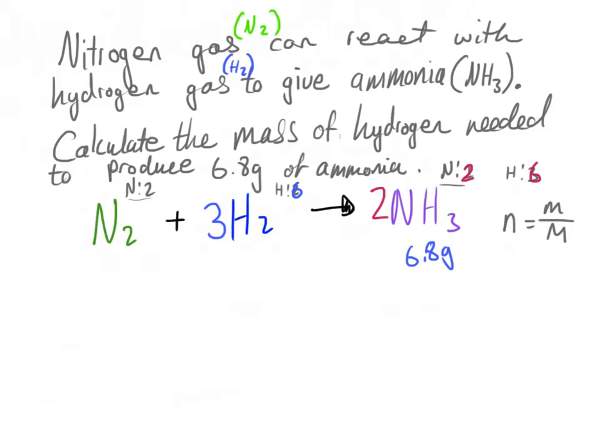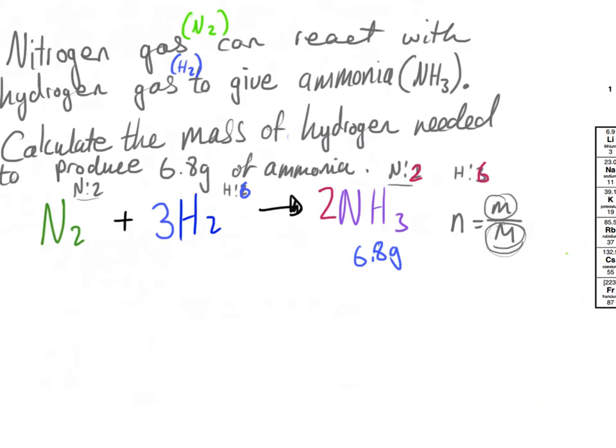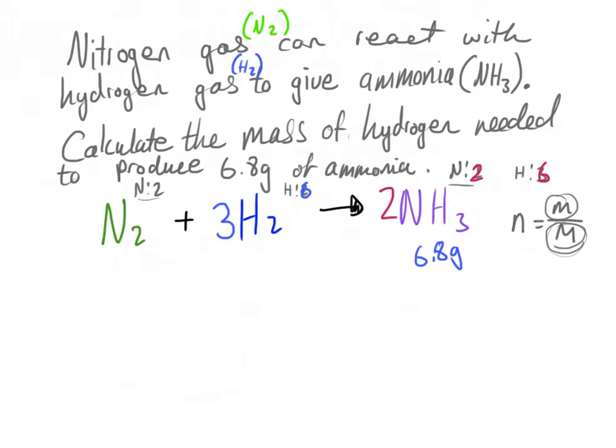In order to work this out, we're going to need to work out the molar mass, because we know the small m, which is the mass, but we don't know big M, the molar mass. We can use this periodic table here to work it out. So I'm going to do that now.